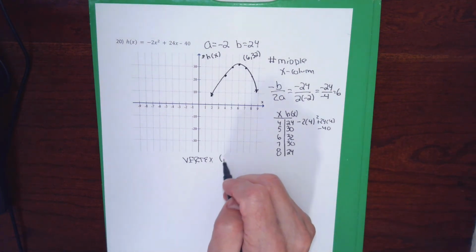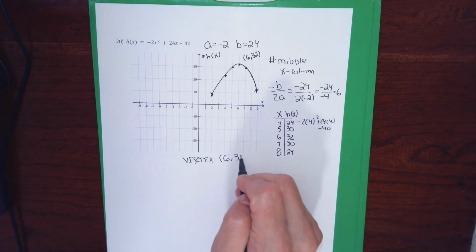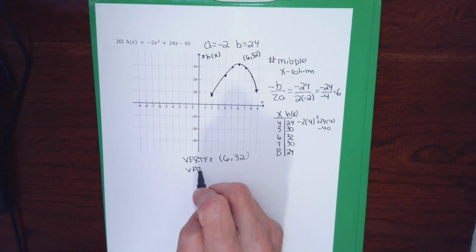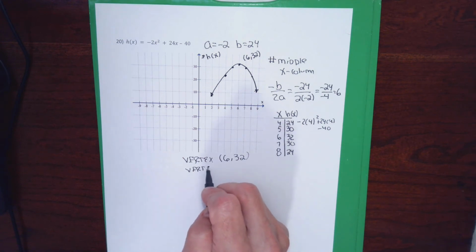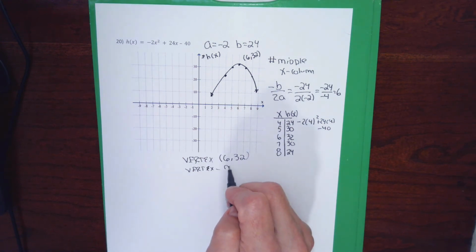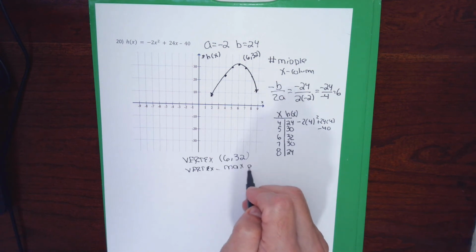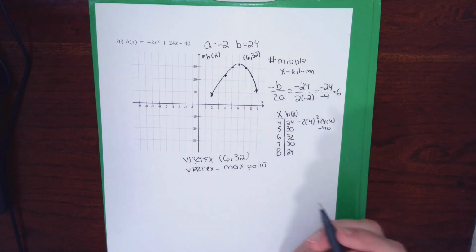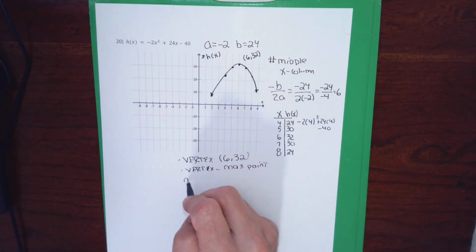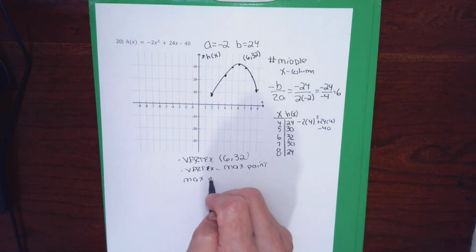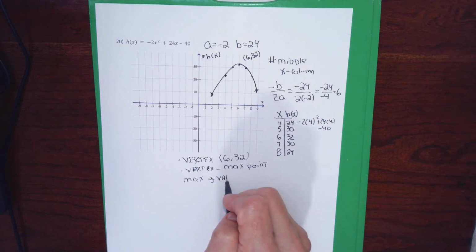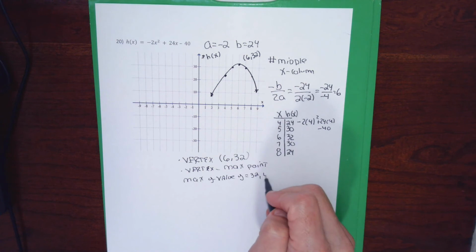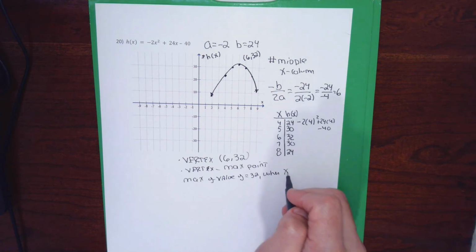So vertex 6, 32. Vertex is a maximum point. Let me get lazy now. Vertex, max point, rather than writing something that's more of a sentence. And lazy again. Max y value: y equal to 32 when x equal to 6.